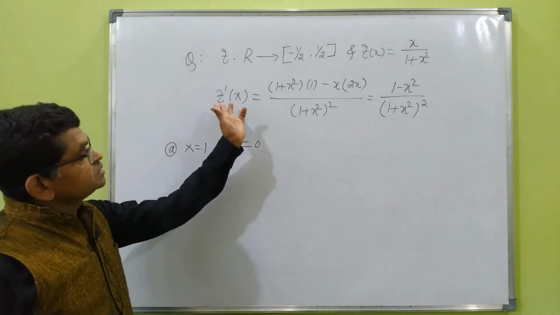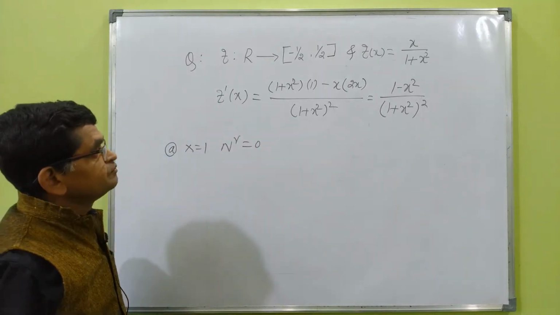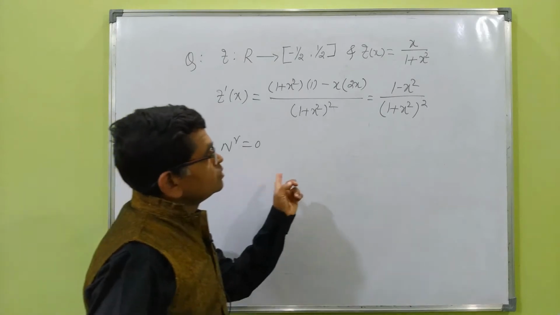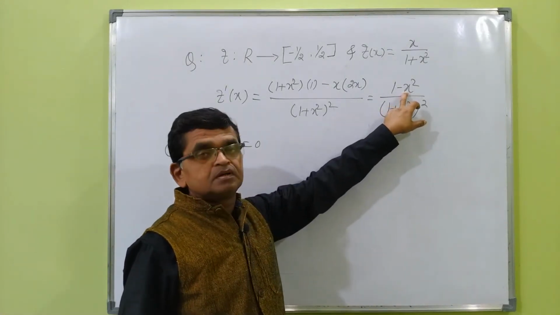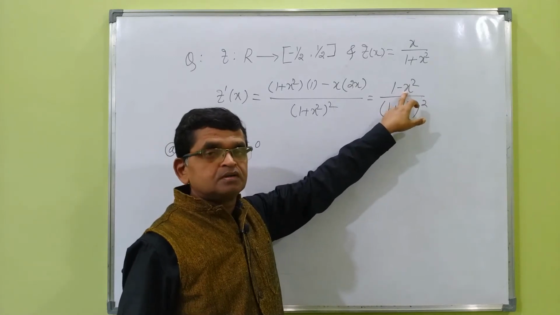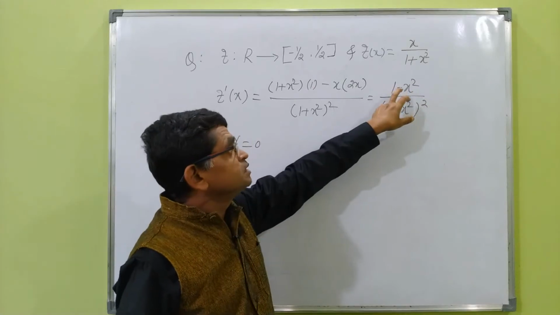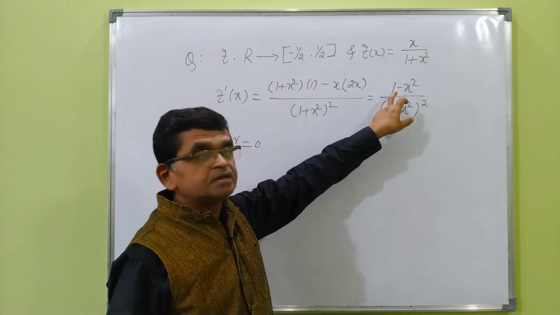So f'(x) will ultimately be 0. For any value less than 1 or more than minus 1, in between minus 1 to plus 1, this will be positive. For other values it will be negative.